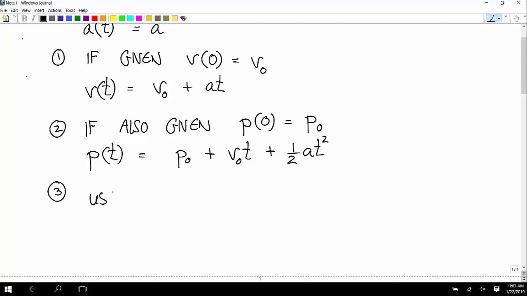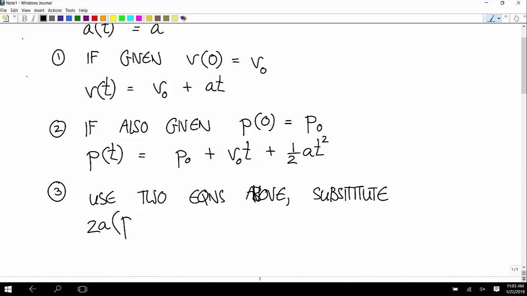So if you use the two equations above and substitute one into the other, you can come up with this expression: 2 times a times the quantity, position as a function of time, actually let me make this a square bracket, so 2a times the quantity p minus p0 is equal to v as a function of time squared minus v0 squared.